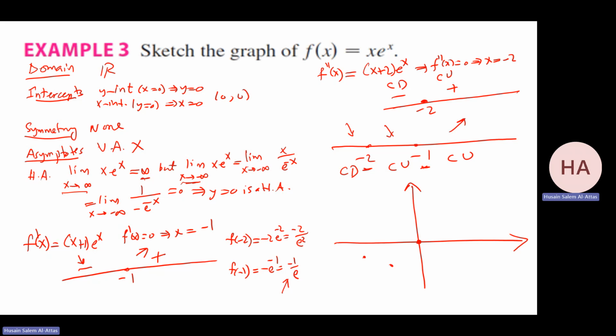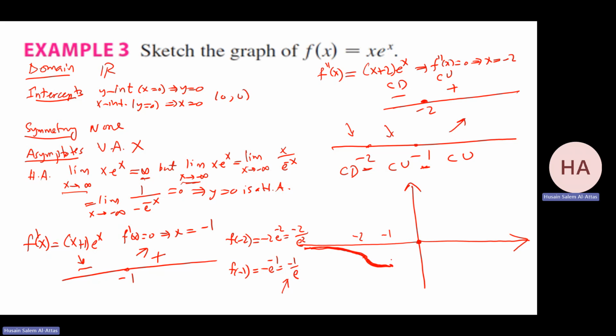So if you think about it, the function is decreasing and concave down, so it will do something like this. I know this is an asymptote. It's decreasing but concave down until this. Then between minus 2 and minus 1, it's still decreasing, but concave up. So it will do something like this. You notice I make it very clear: this is up, this is down.